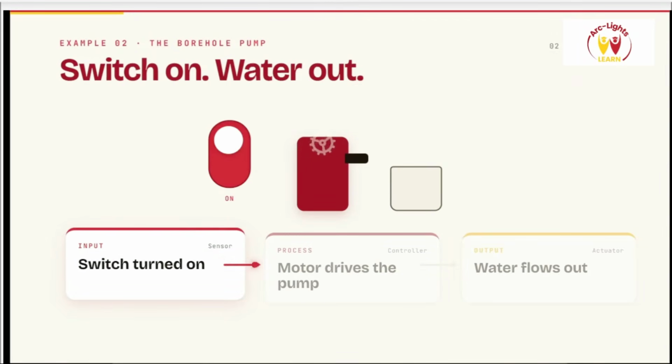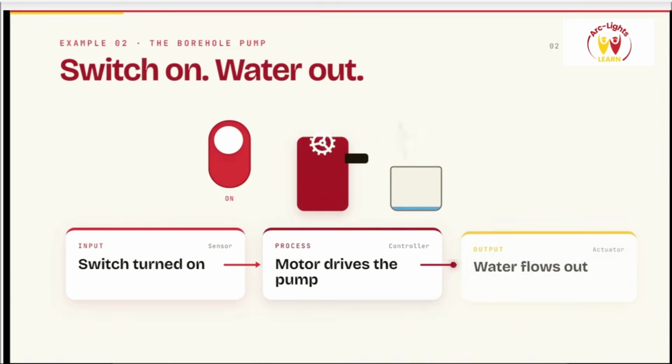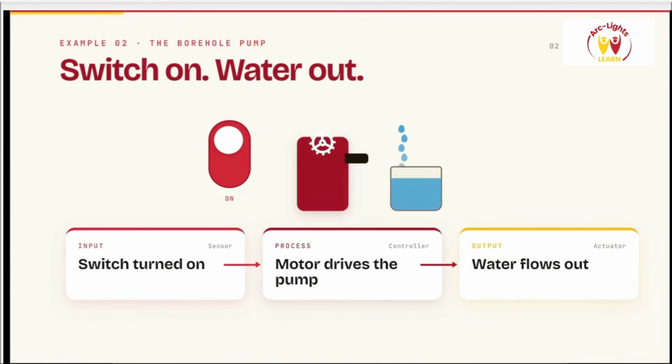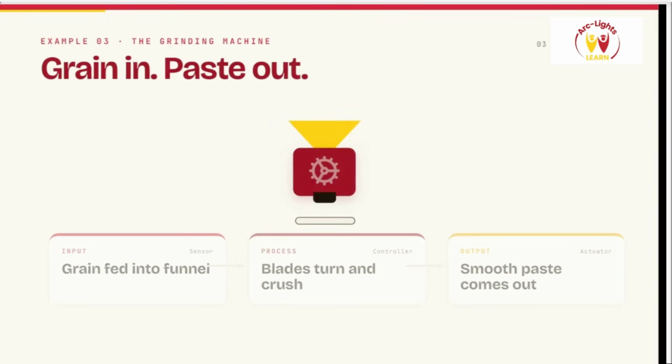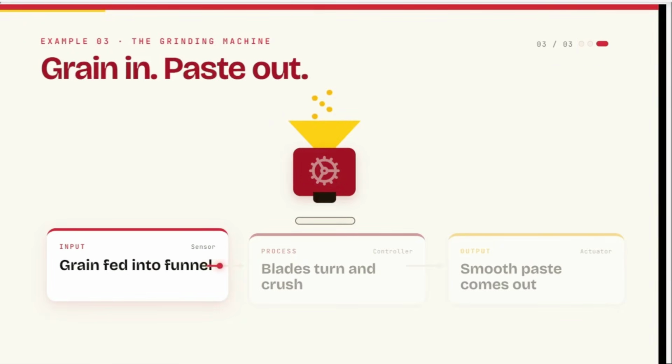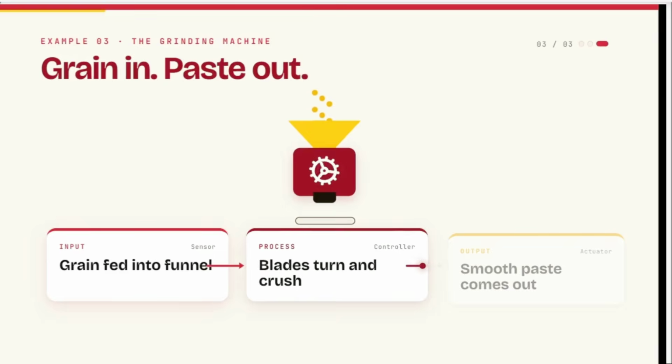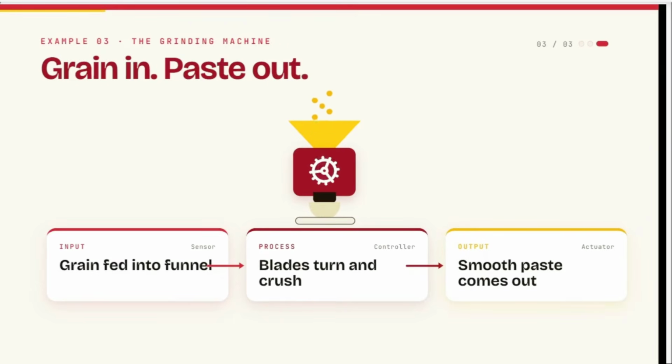The borehole pump. Input. Someone turns the switch. Process. The motor drives the pump. Output. Water. The grinding machine. Input. Grains are fed in. Process. Blades crush. Output. Paste.